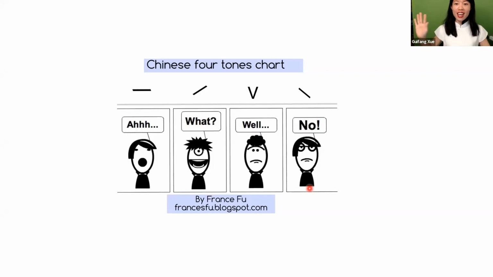So the third tone changes. When you pronounce the third tone, there should be a turning point in your sound. Some Chinese learners think they pronounce the third tone, but when I hear it, I don't hear the turning point. So it's not exactly the third tone yet. Make sure there's a turning point. It goes down and up.